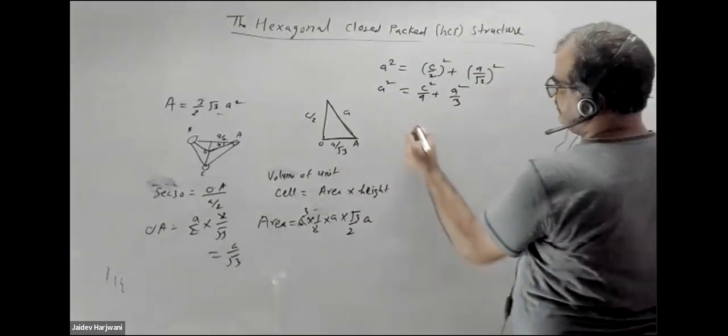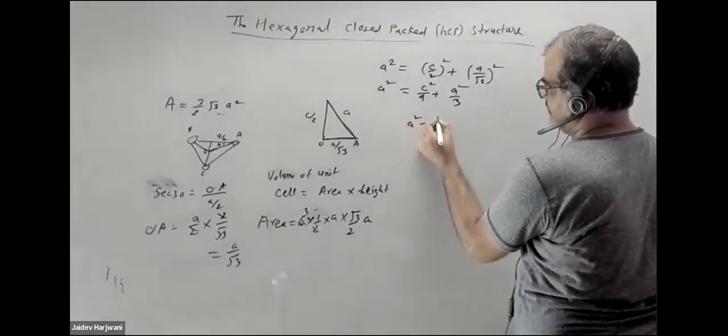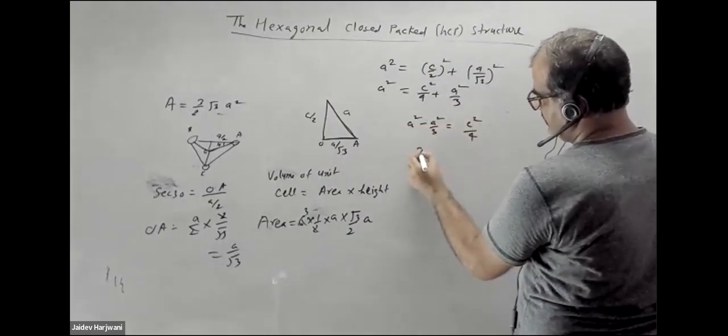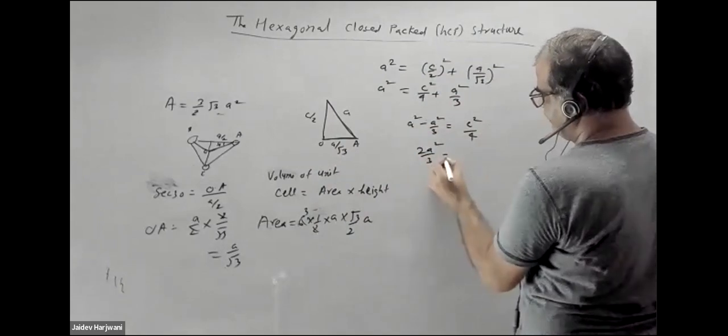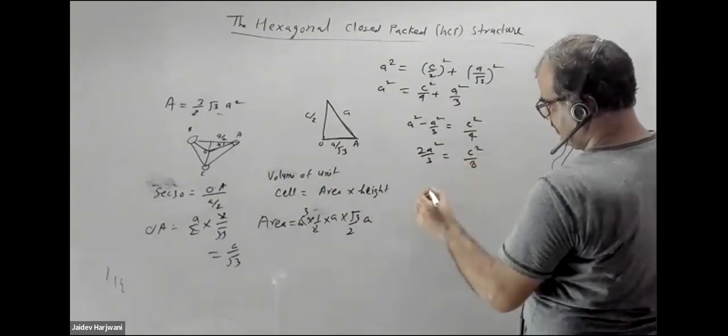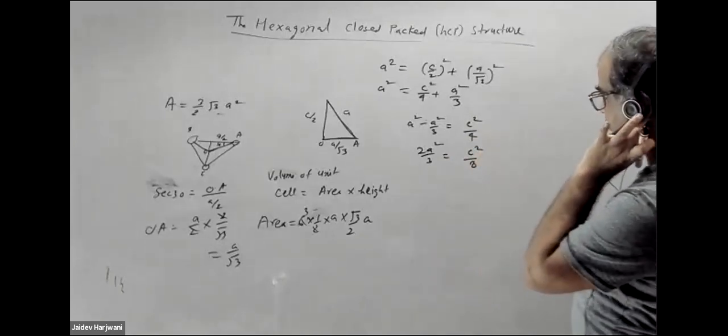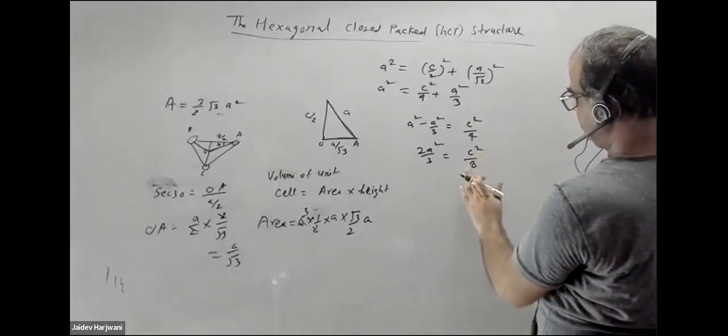So a square minus a square upon 3 equals c square by 4.